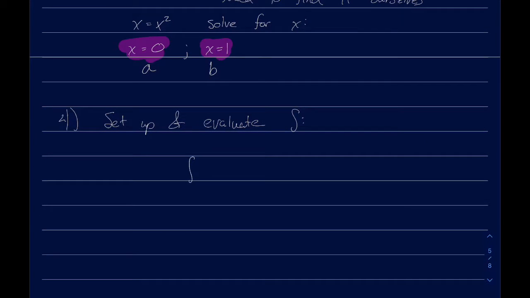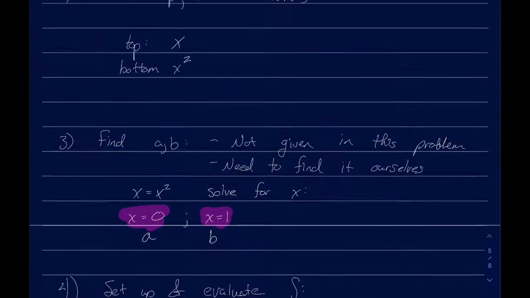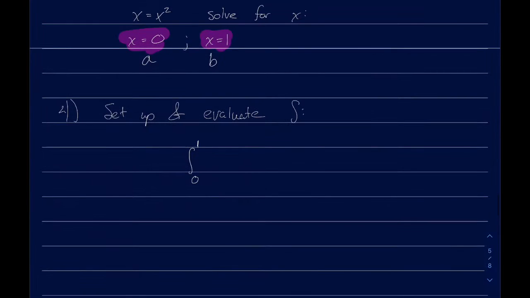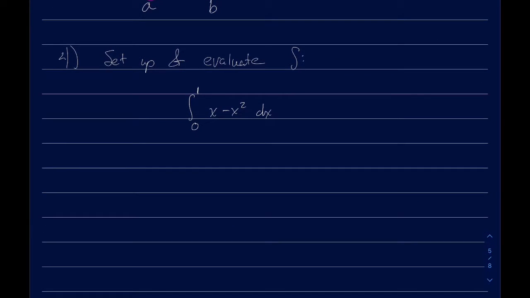So now when we set up our integral, we already have everything we need to know. A is 0, b is 1, our top curve is x, and our bottom curve is x squared. And that's it. So now let's just go ahead and evaluate this integral. x squared over 2 minus x cubed over 3 from 0 to 1.